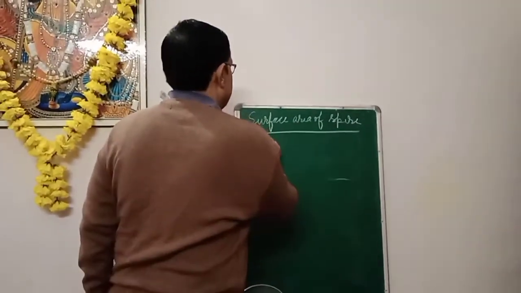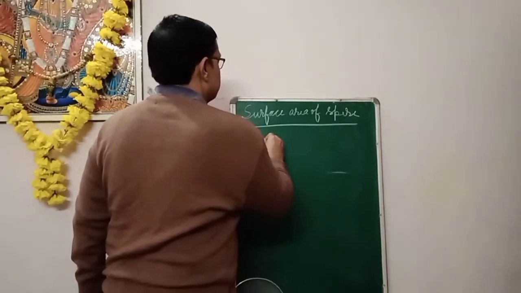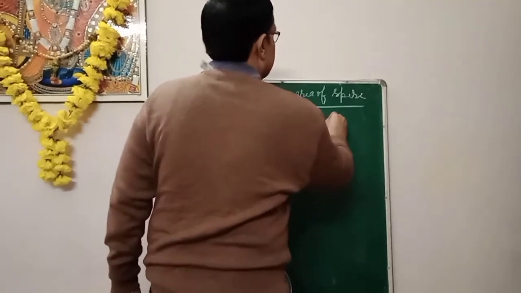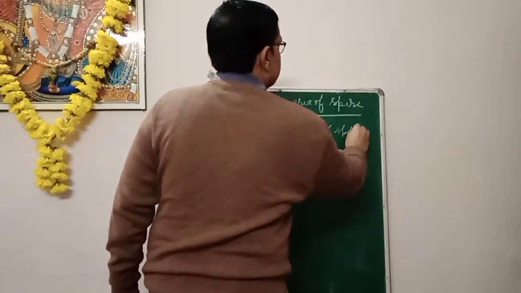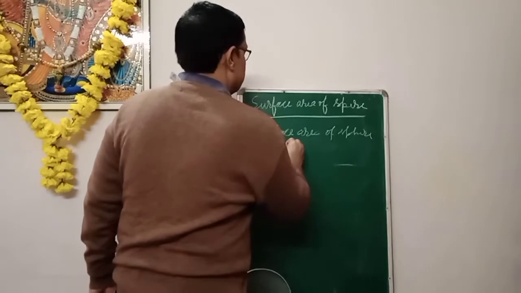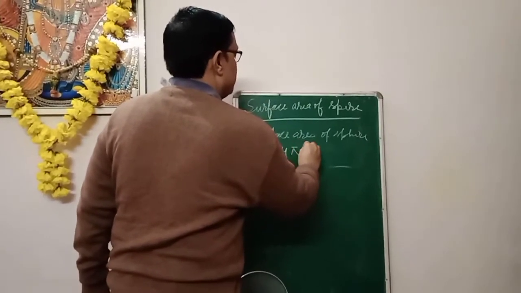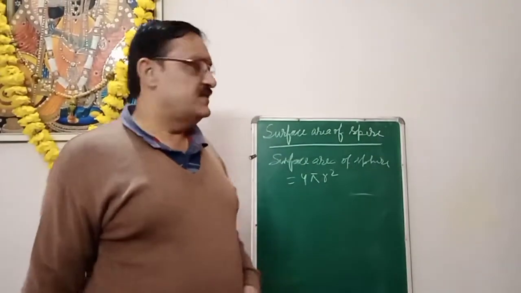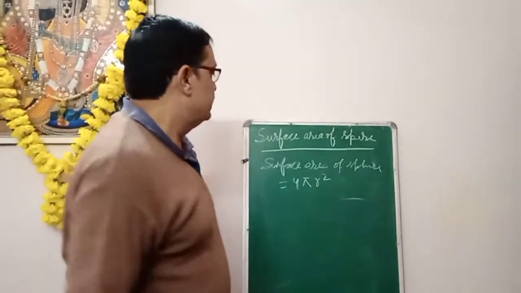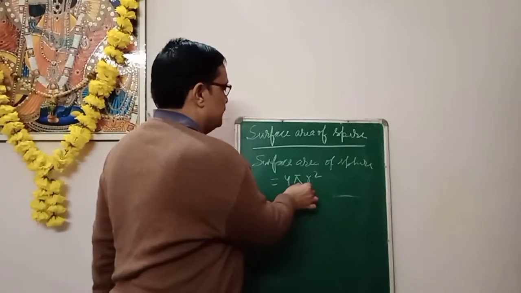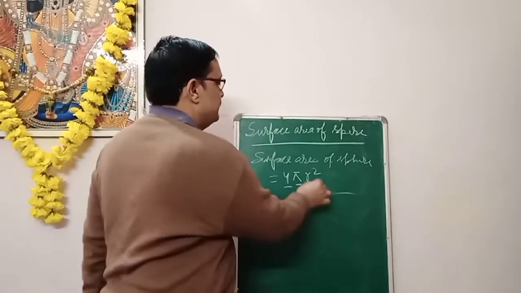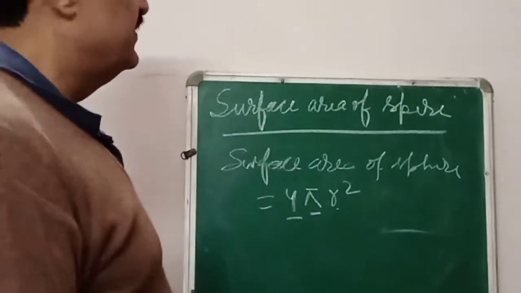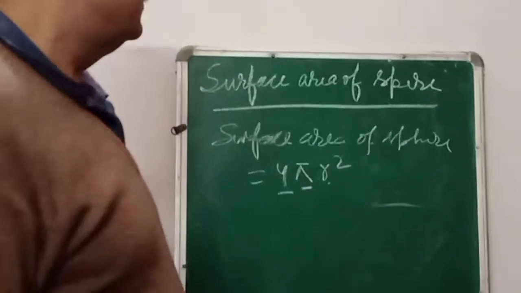So the surface area of a sphere after measurement comes out as 4 pi r square. So the surface area of a sphere is 4 pi r square, where 4 is a number, pi is 22/7, and r is the radius of the sphere, which is the diameter divided by 2.